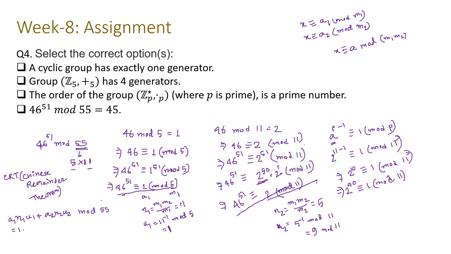So a1 is 1, n1 is 11, u1 is 1, this is 11, plus a2 is 2, n2 is 5, and u2 is 9. So this makes 90 and 11, that is 101 mod 55, which is 46, right? So this is your answer.